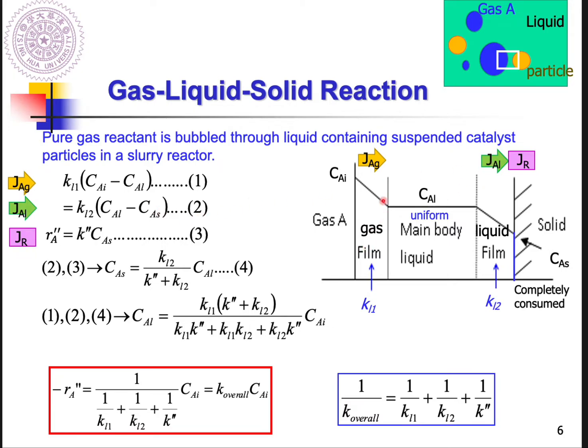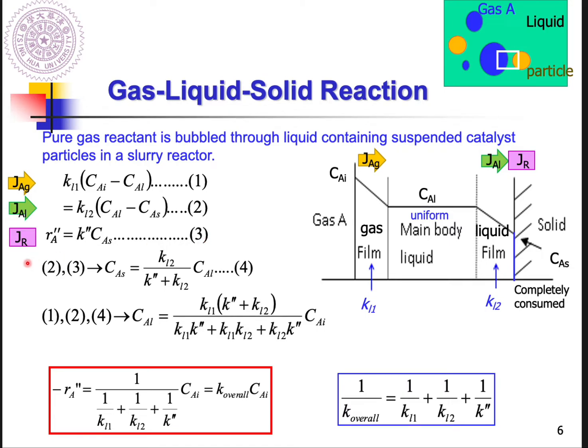And it is also the transport coefficient KL2 times CAL minus CAS. And JR, we also assume, is complete consumption of reactant A at the surface of this catalyst or solid particle. We also assume it is a first order reaction, so it's K double prime times CAS minus 0. So you get the third equation.